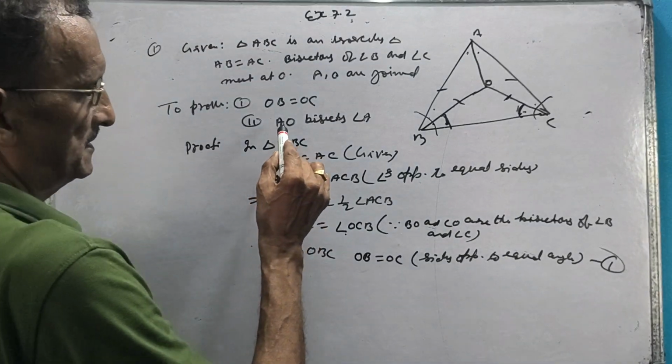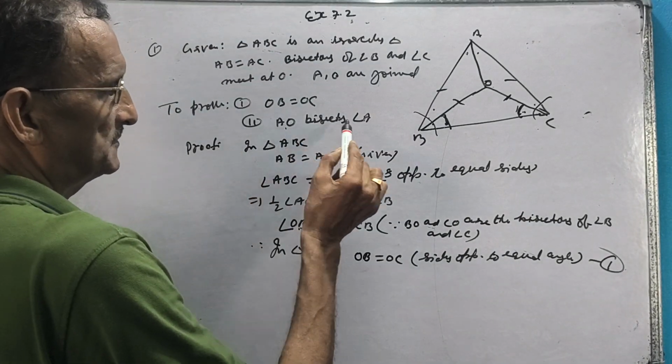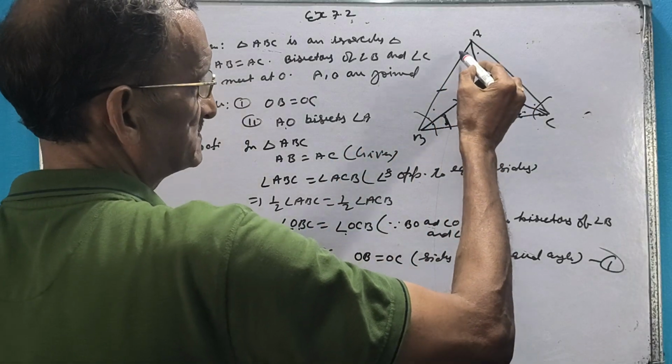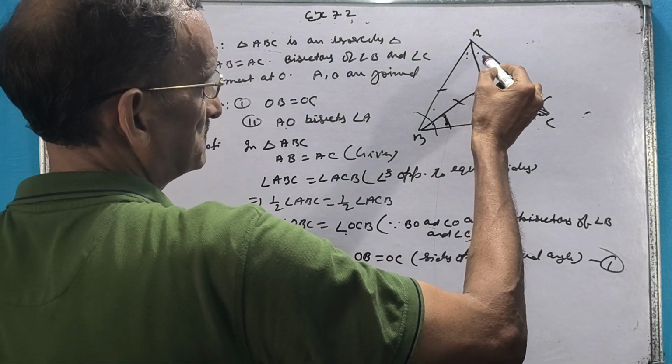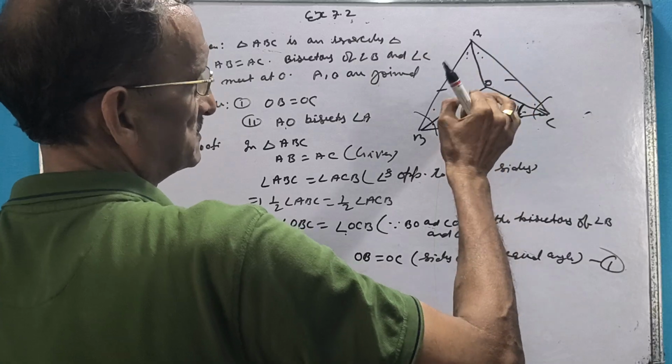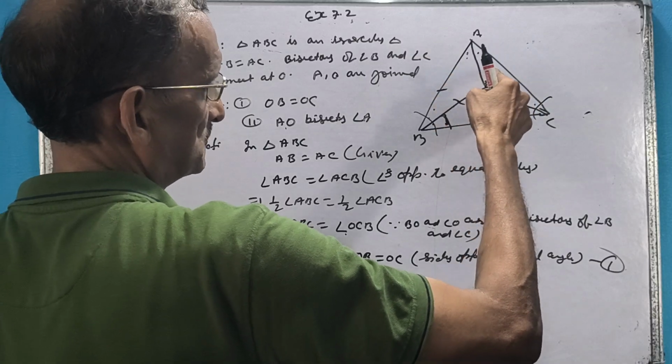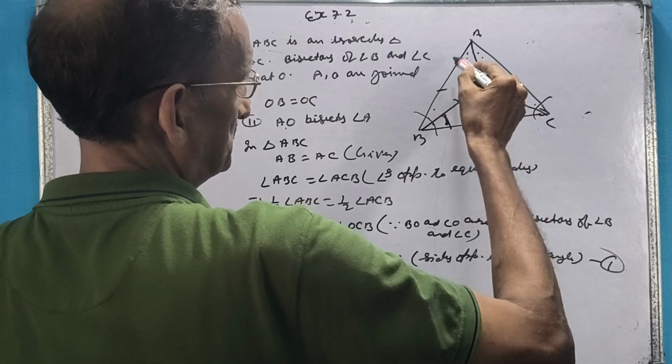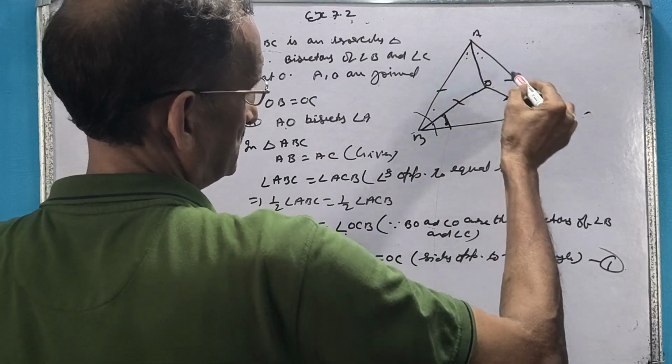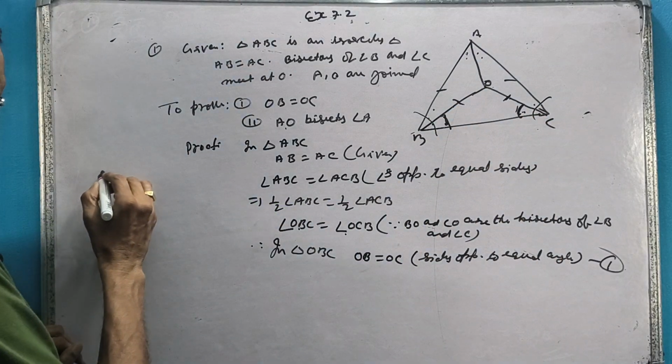Now in the second part, we need to prove AO bisects angle A. AO bisects angle A means this angle equals this angle, so we have to prove this triangle is congruent to this triangle: triangle ABO and triangle ACO.